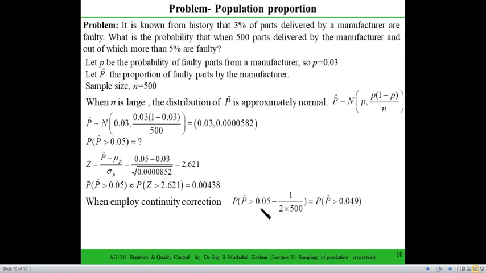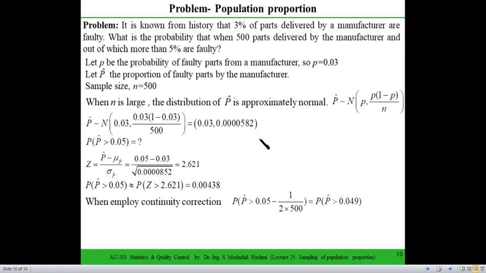We can do the same thing using the binomial numbers, like 3% parts, where we calculate out of that total. We don't know this, but 5% of 500 we can work out. Let's say the number comes out to be 25, then 25 plus minus 0.5, 25 minus 0.5 would be 24.5.